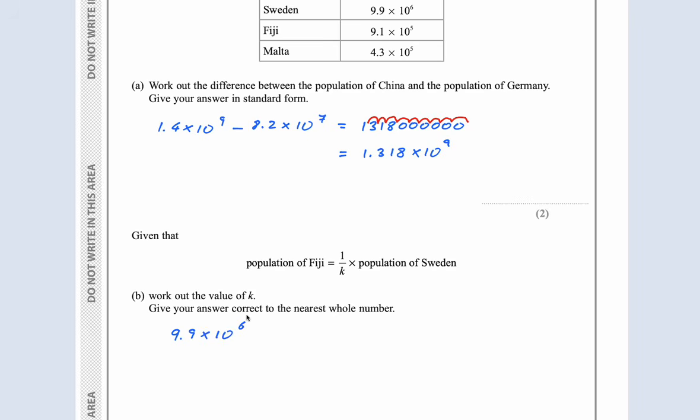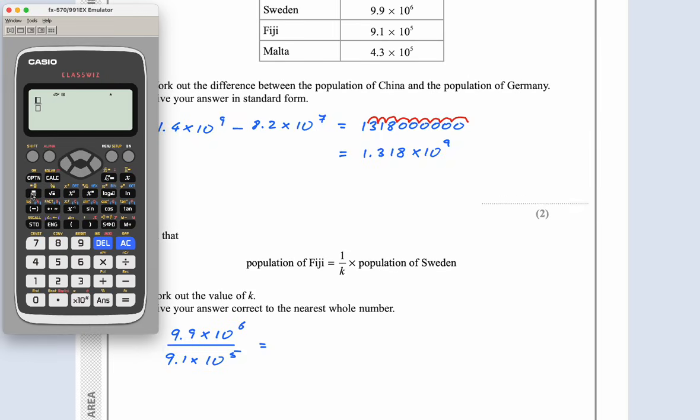So it's like, how many Fijis fit into Sweden in terms of population? So I'll just divide it. I have this many people in Sweden and I have this many people in Fiji. So I'm just going to divide the two. That's easy to do with my calculator.